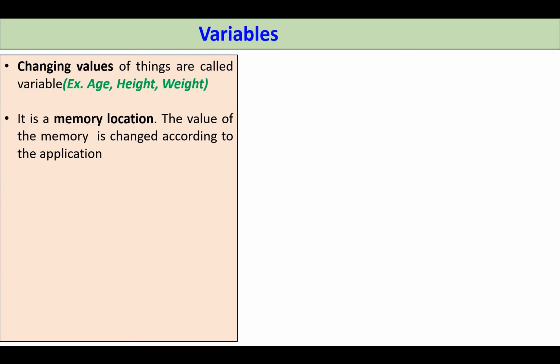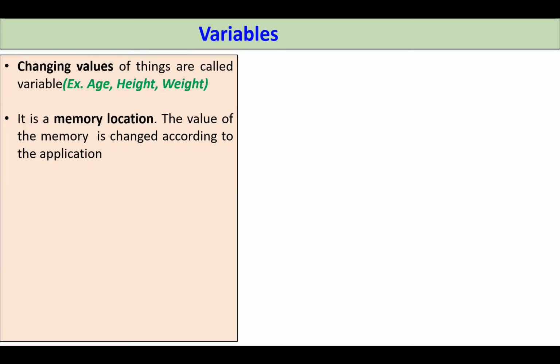That means the first time you run the program, we put some values into the memory location. When you run it the second time, you store another set of values in the memory location. Then what happens? The previous set of values is deleted and the new set of values is stored there.